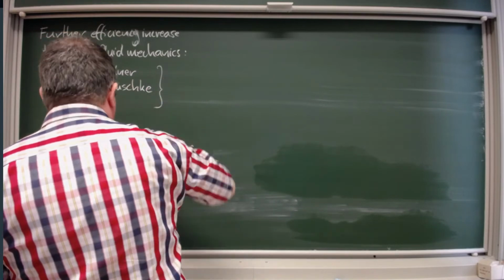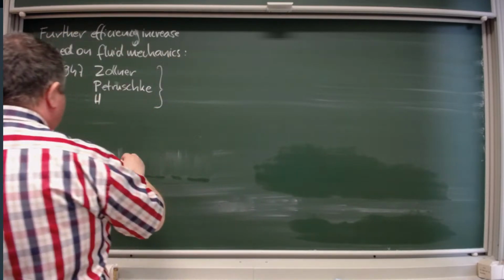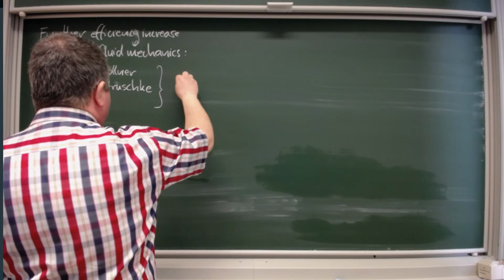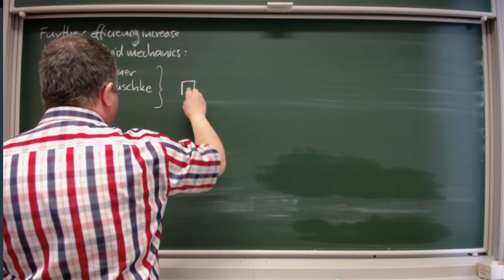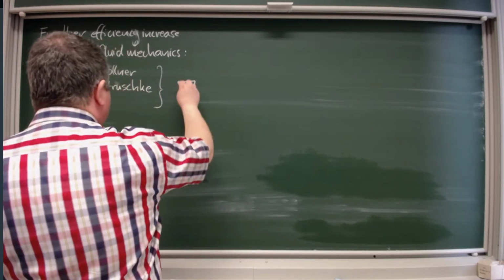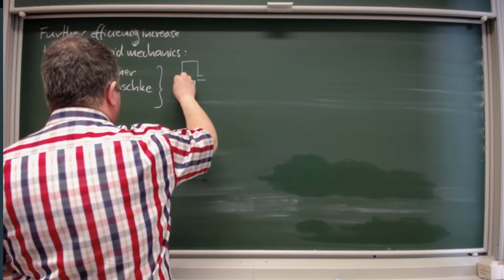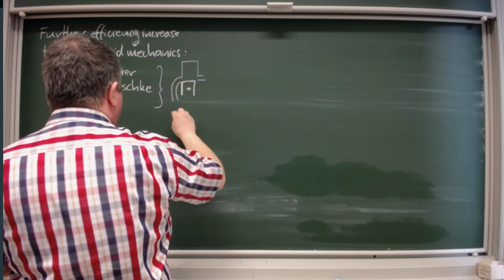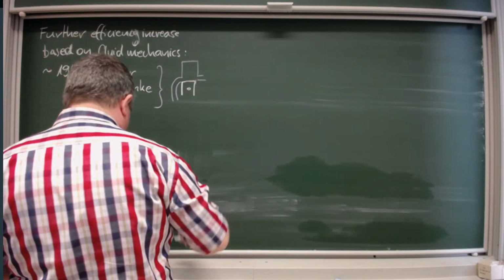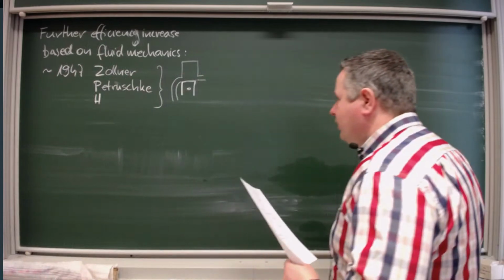And they had the following idea. You get still the piston. You get the cylinder with its ports, the transfer or scavenging port and the exhaust port. But the basic idea was the following.